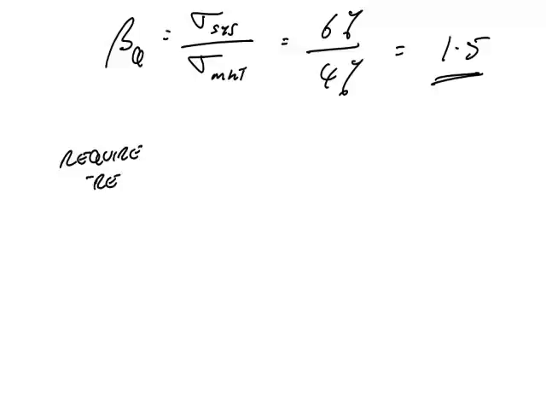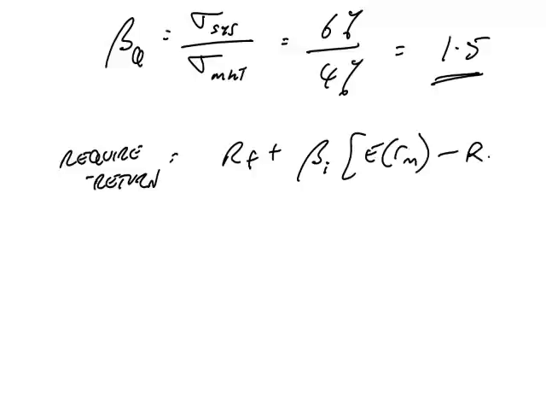Well, all right, I will write down the formula as it is on the sheet. It's RF plus beta times (ERM minus RF). But as I say, the formula looks worse than it is.